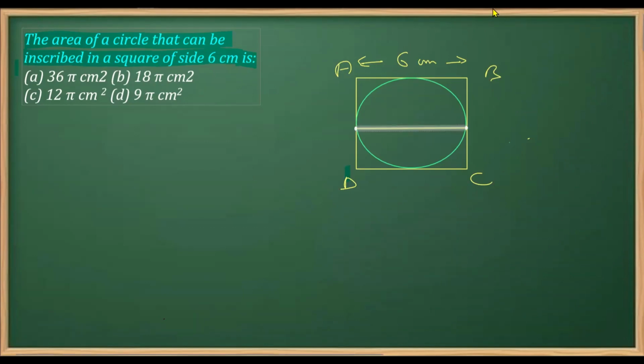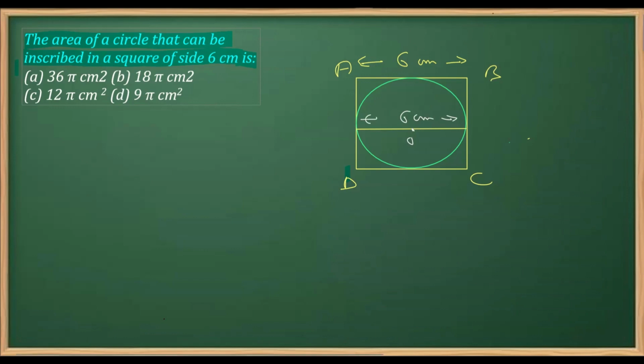And can I say that this diameter should be equal to the edge, as you can see from here. The diameter should be equal to the edge. Let's say it's over here, and this is the diameter. So I can take half of this as the radius, and we got it that the side is 6 centimeter.